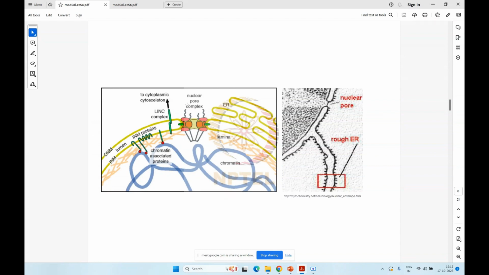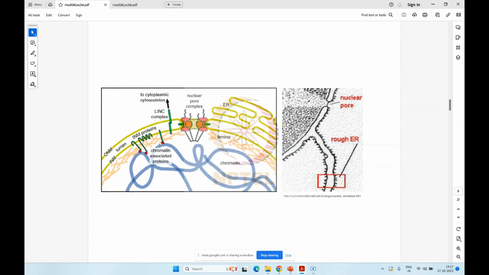This link complex basically forms a tether between that cytoskeleton and the nuclear cytoskeleton, which is mostly composed of lamina. So there is this thick layer of lamina near the nuclear envelope, which provides support to the nuclear envelope, for otherwise it would collapse.